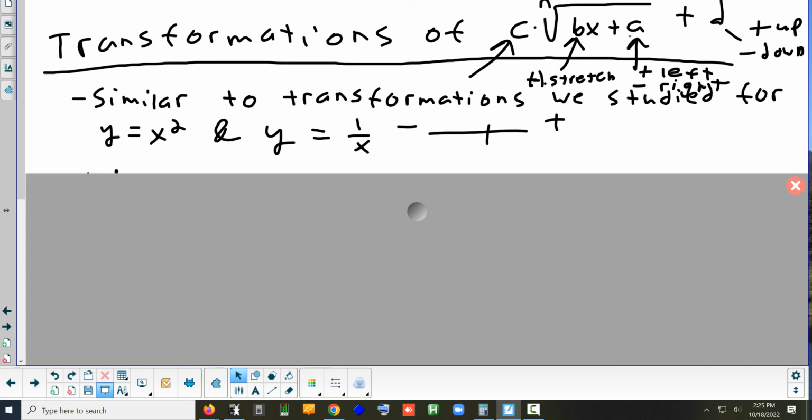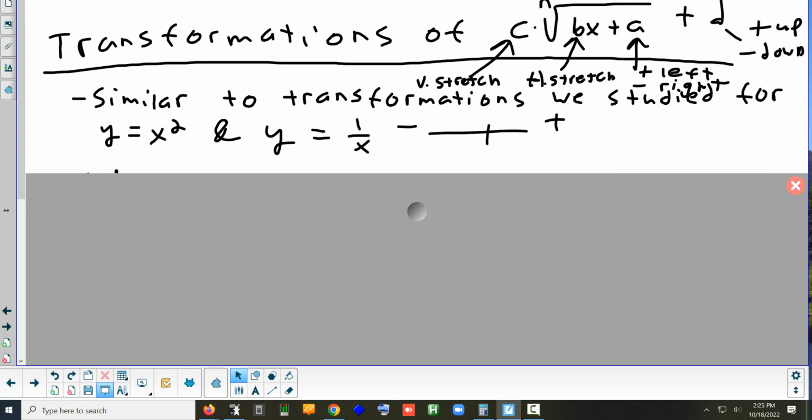But it's on the outside, just like D is on the outside. D is shifting vertically. C is stretching vertically. Multiplication is always a stretch. Addition or subtraction is always a shift. So that's a vertical stretch.